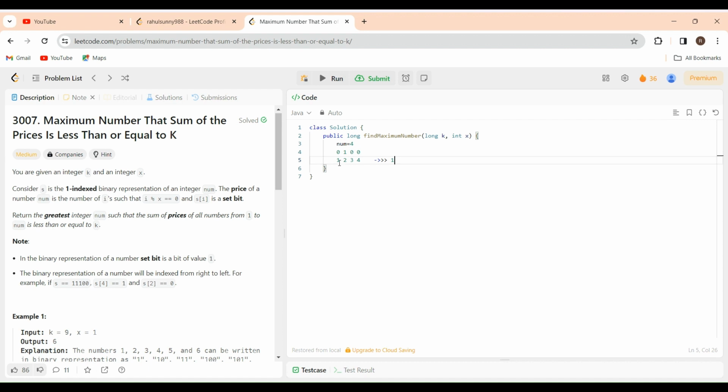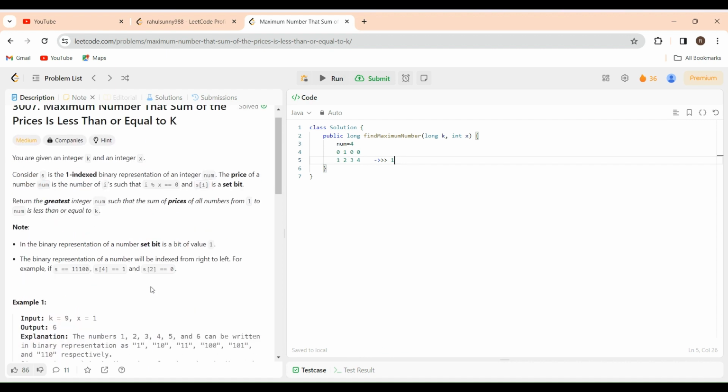Let us consider an example where x is equal to 1. So 1 % 1 is equal to 0, but s[1] is not a set bit, so we should not consider it. 2 % 1 is equal to 0, yes, and it is a set bit, so we can consider it. So the price of the number becomes 1.